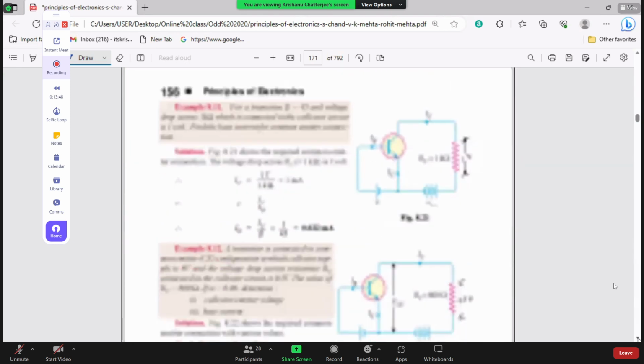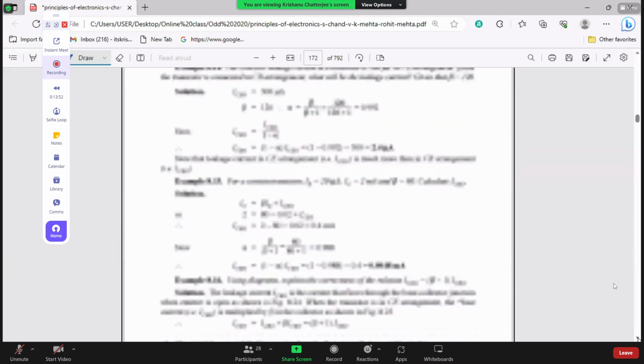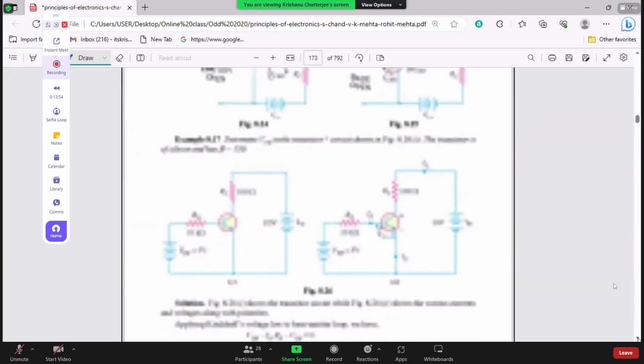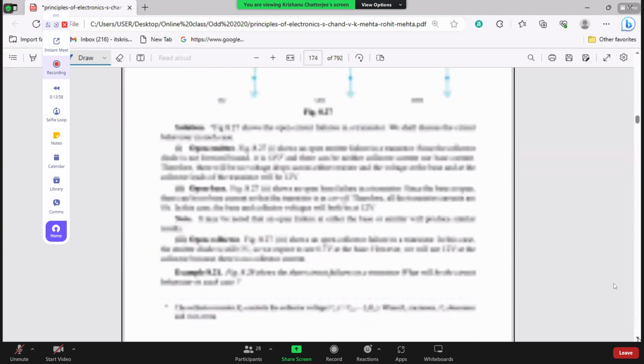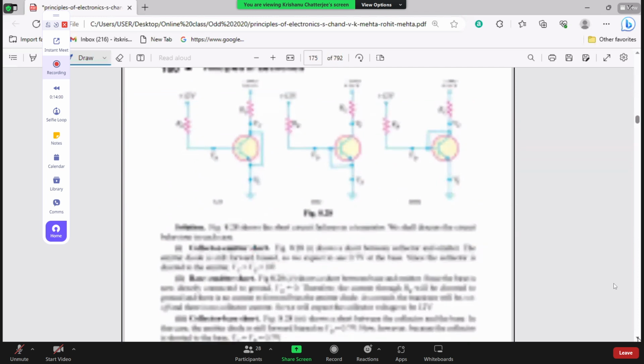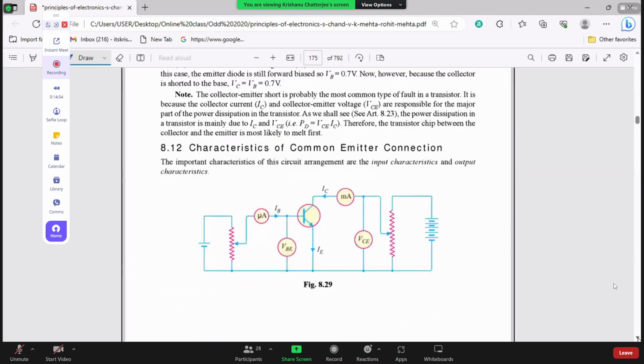Next we will come to the input and output characteristics of this common emitter configuration. Basically, we are doing the IV characteristics.